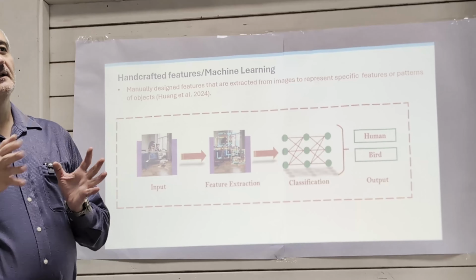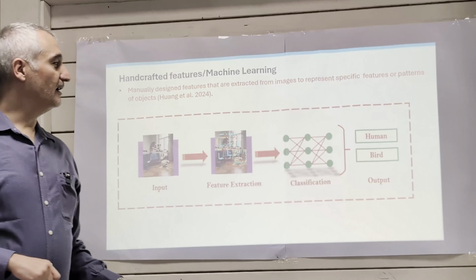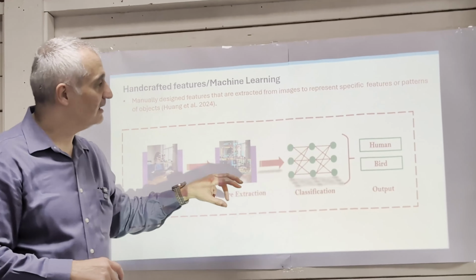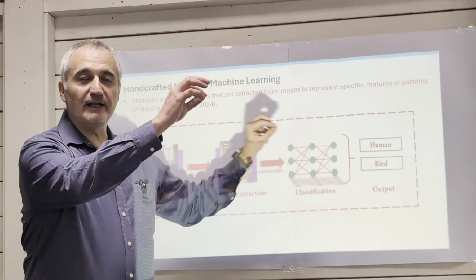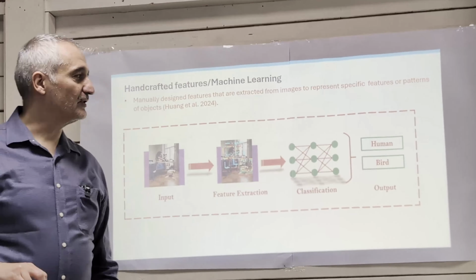Every time it tries to readjust all those things using some clever optimization mathematics, and then when we feed this picture, there's a cost function. Every time we change those values, the outputs will fluctuate between human and bird in this case, and then it'll give us some percentage.